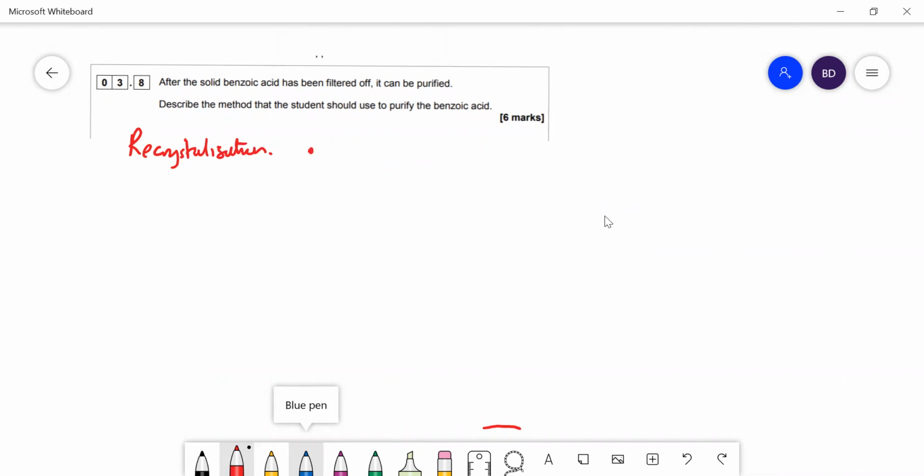Right, you get the impure solid and dissolve, and this is important, in a minimum volume of hot solvent. You don't have to specify the solvent. It could be water, it could be ethanol, just say hot solvent. So minimum volume of hot solvent. So it will dissolve in that, and then you allow it to cool slowly.